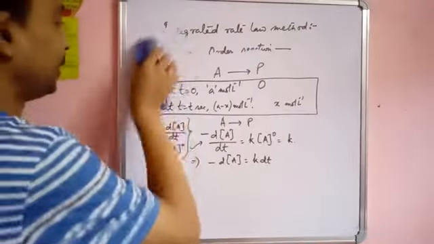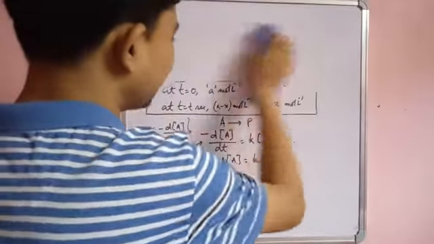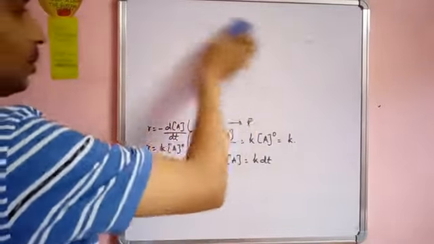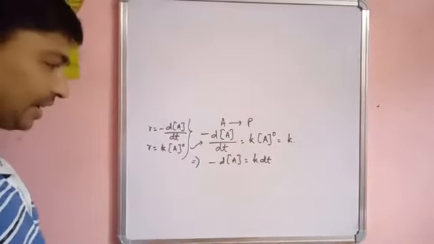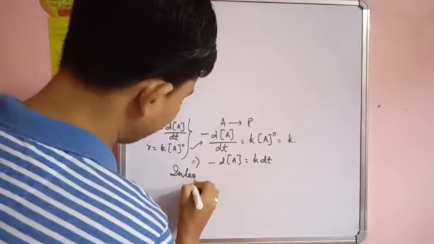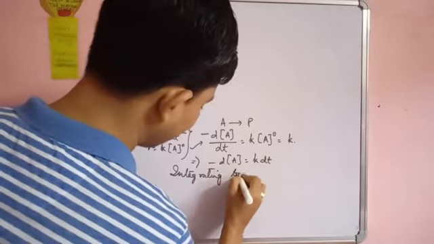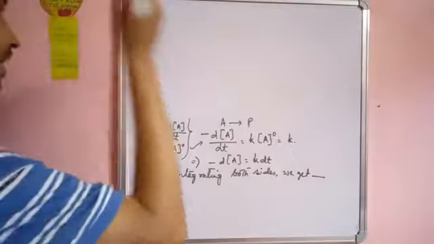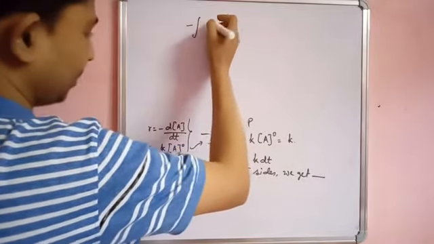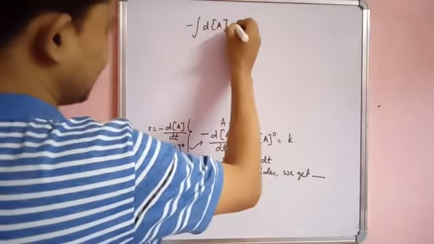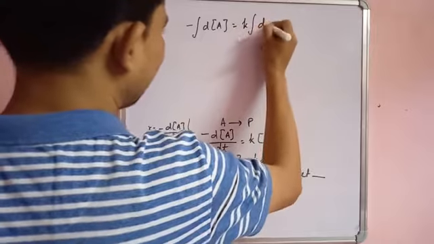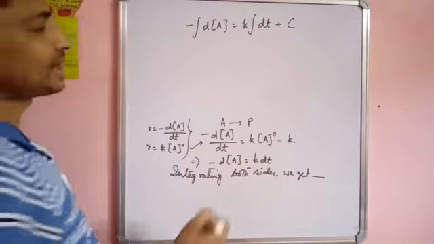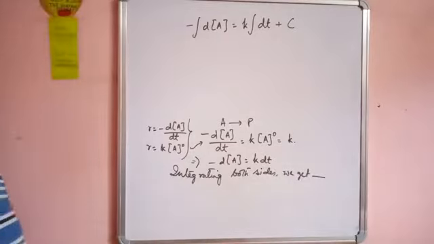Now we integrate both sides, because this is the integrated rate law method. Integration of minus d[A] is equal to k, taking the constant outside, k times integration of dt, plus c, where c is the constant of integration.